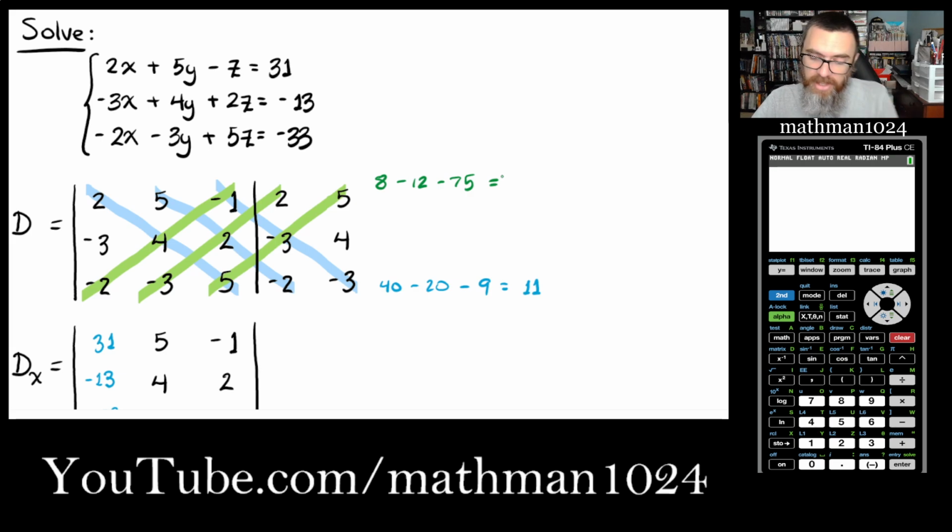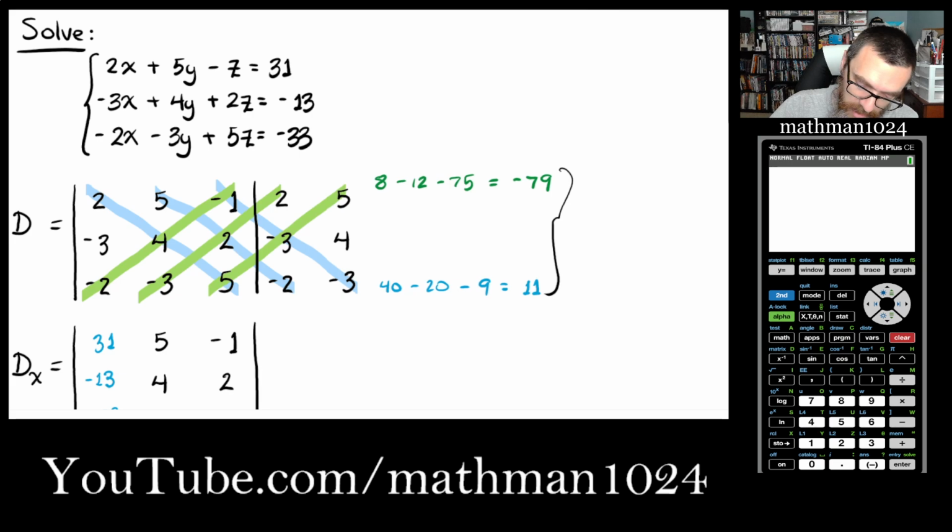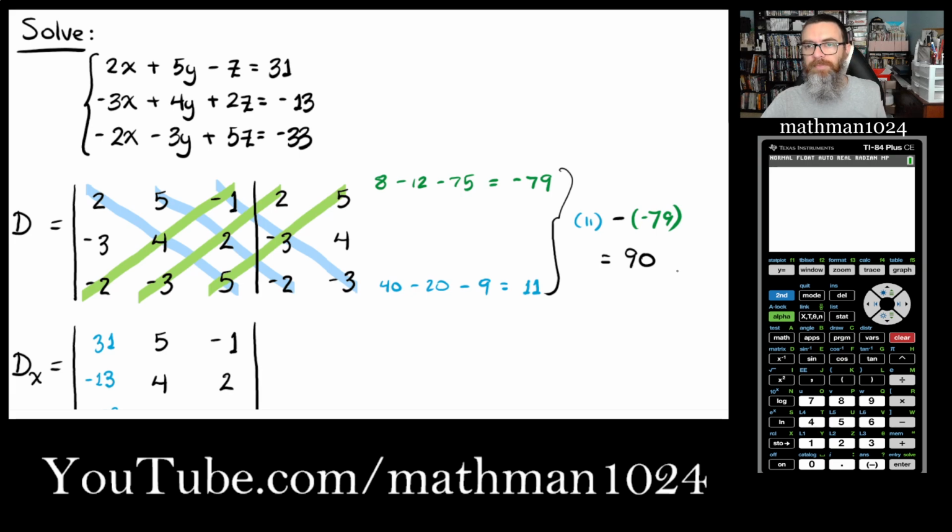So altogether, that's going to give me negative 79. And when I put these together, we have 11 minus negative 79, and that equals positive 90. All right, so we've got the big determinant D figured out.